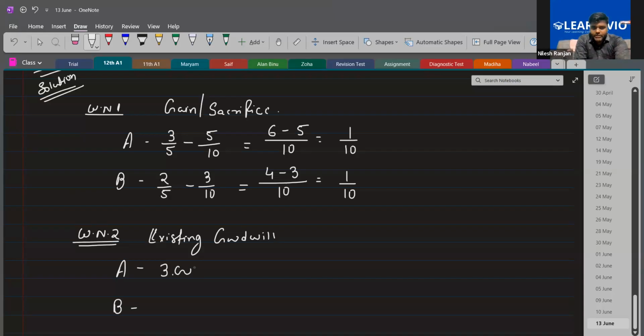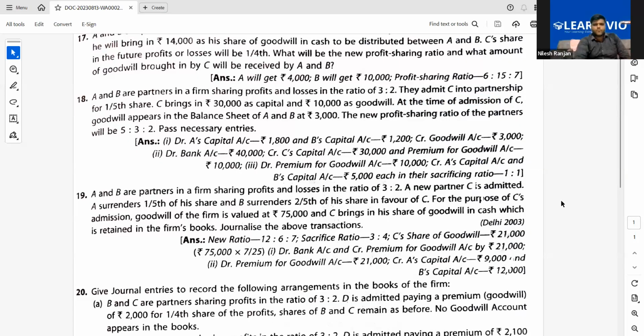So 3,000 in their old ratio, 3/5, 2/5. So 1,200, 1,800. Is this clear? Is this part clear? Yes, sir.